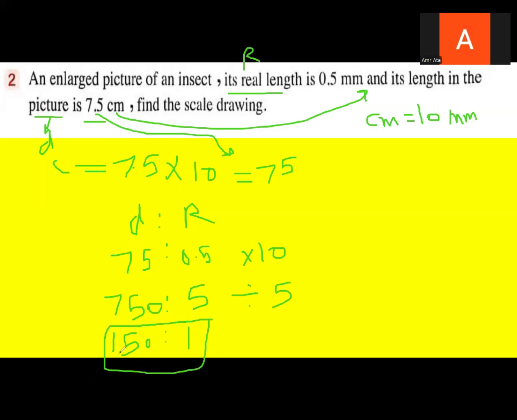What does that mean? It means 150 millimeter in the drawing represent 1 millimeter in the real.